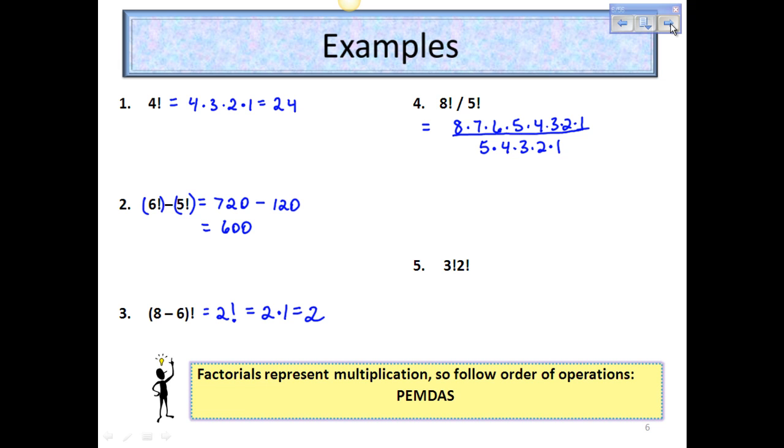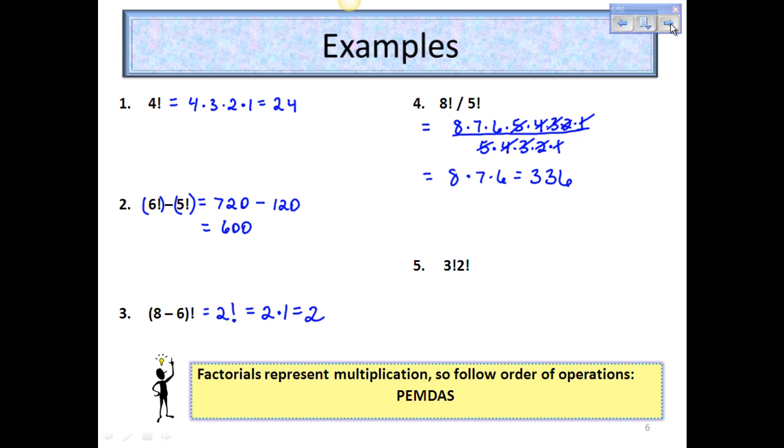Now looking at that, do you see any factors that will cancel? There are 5 common factors of 5, 4, 3, 2, and 1, which leaves us 8 times 7 times 6, and 8 times 7 times 6 is 336.